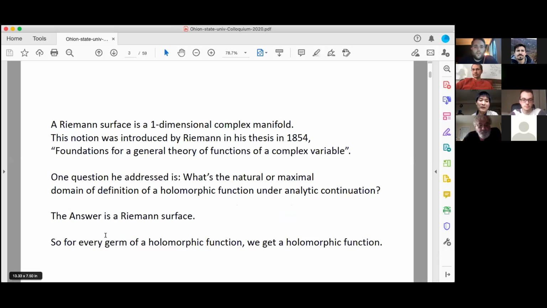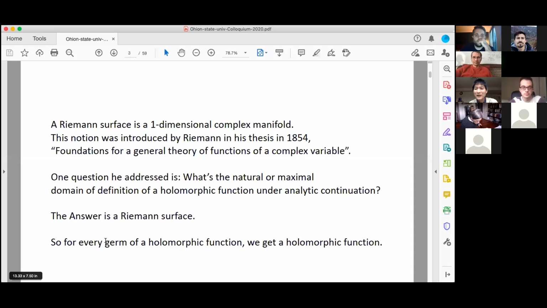Okay. So I start with a definition. A Riemann surface is a one-dimensional complex manifold. This notion was introduced by Riemann in his thesis in 1851, foundation for a general theory of functions of one complex variable. I wonder how many of you have actually opened and read Riemann's thesis. This is quite amazing.